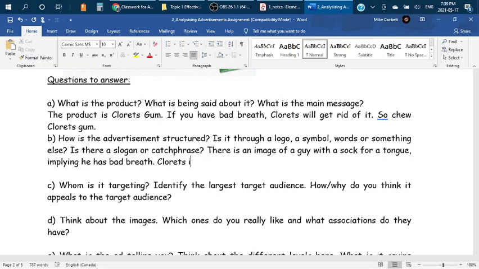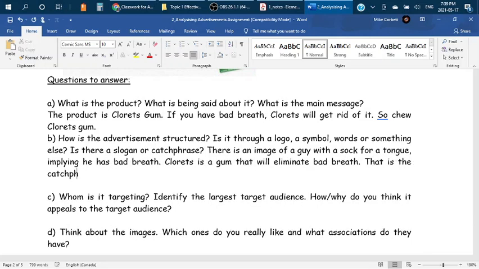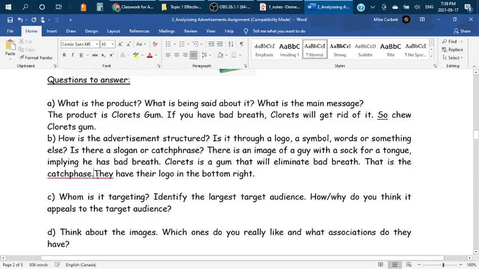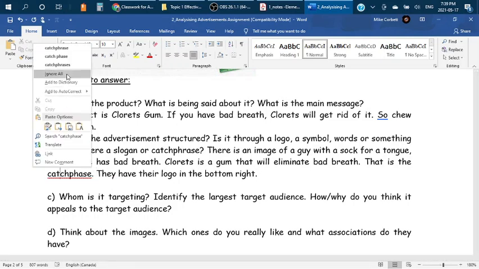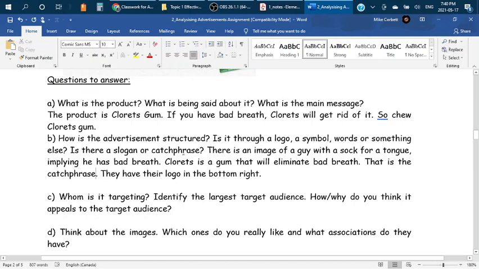Clarets is a gum that will eliminate bad breath. That is the catchphrase. They have their logo in the bottom right. Okay, I got my space there. And catchphrase, I spelled it wrong again. So that is just describing what we see in the ad.